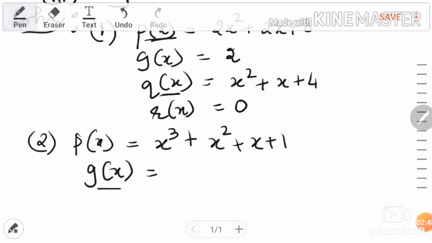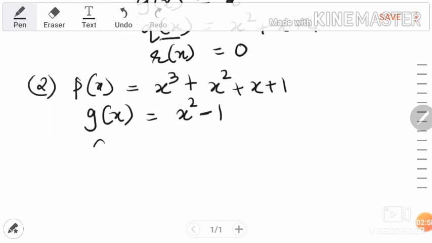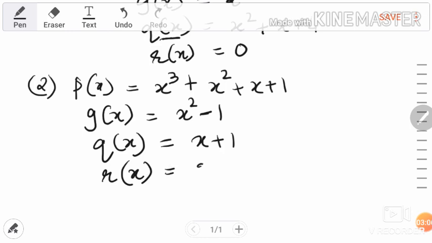So if I write the divisor polynomial with 1 degree less than the dividend polynomial, say x square minus 1, then on dividing I get quotient polynomial as x plus 1 and the remainder polynomial as 2x plus 2.